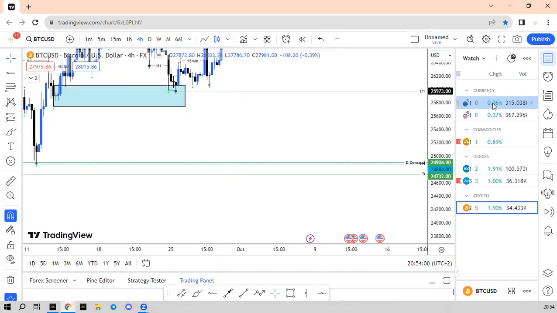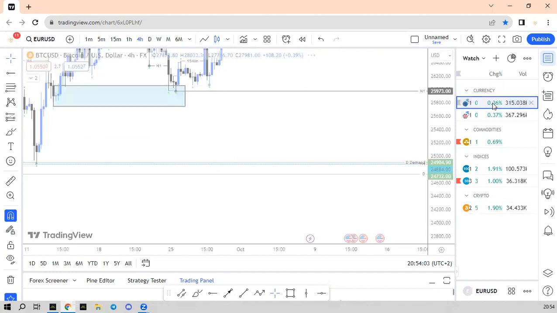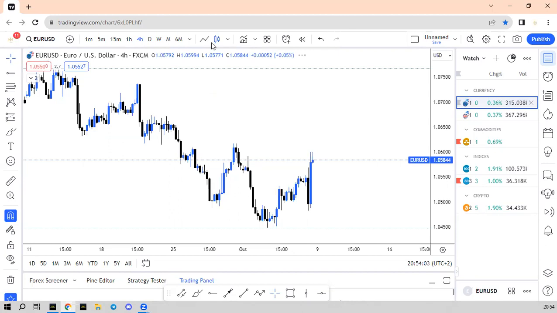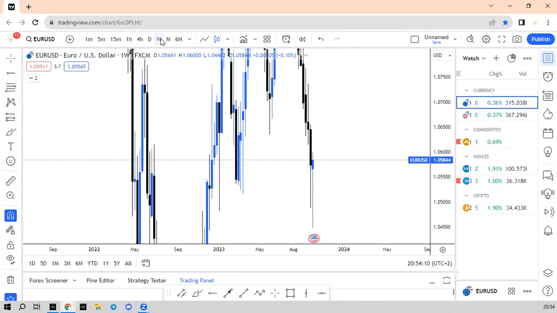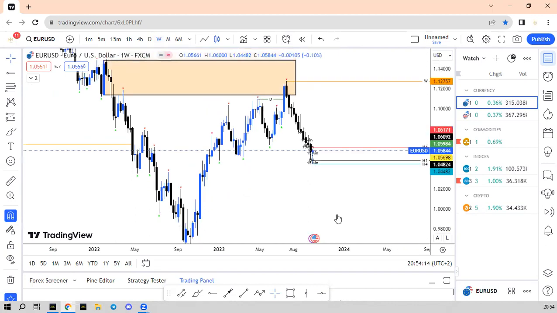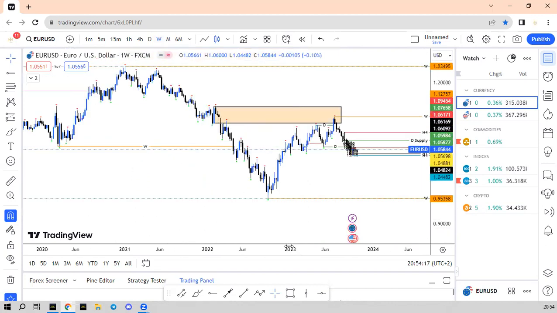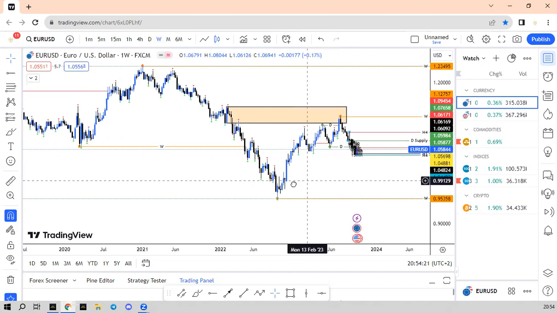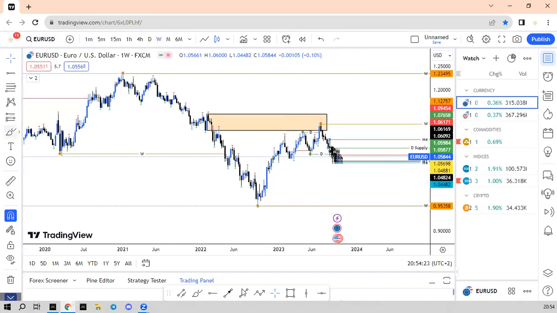We'll start with EURUSD. As usual, we start with the higher time frame and break it down to the smaller time frame. We always begin with our weekly time frame. What's happening on weekly? On weekly, the overall range that we look at is bearish.